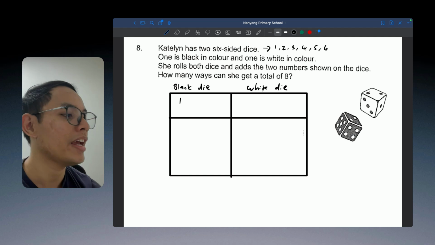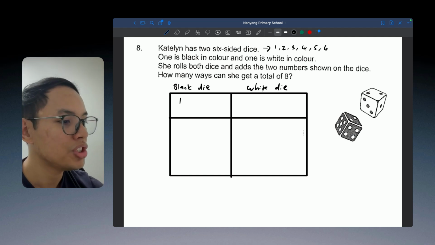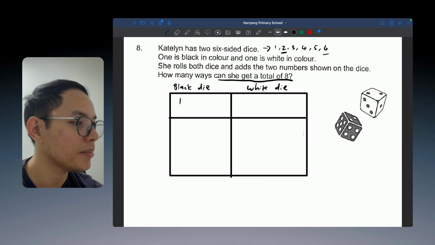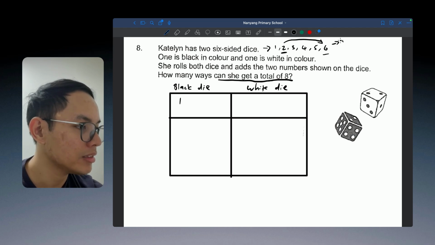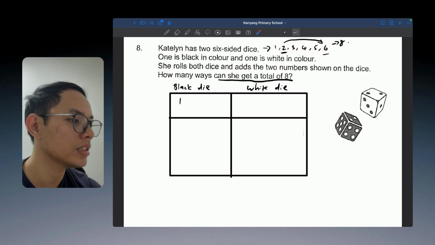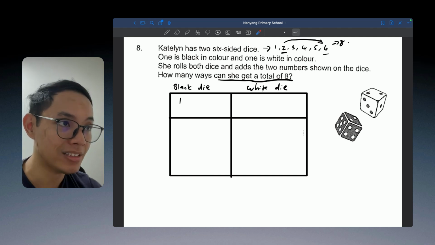Basically she can get a total of 8. So that means two numbers, for example, in this case 2 and 6. If we add this up, this should be 8, right? So in this example, 1, 2, 3, 4, 5, and 6, how can we make the number 8 with two numbers?